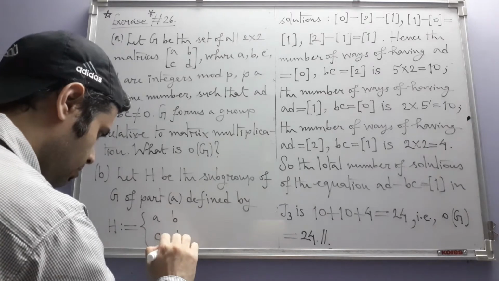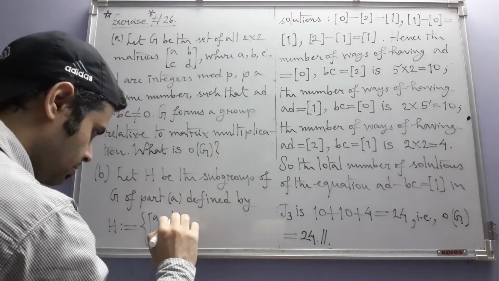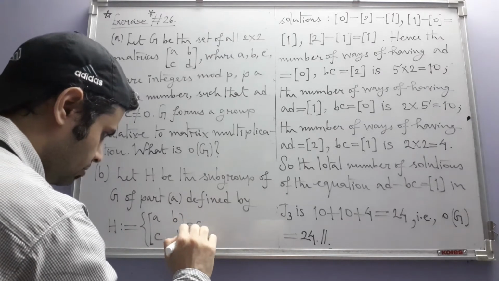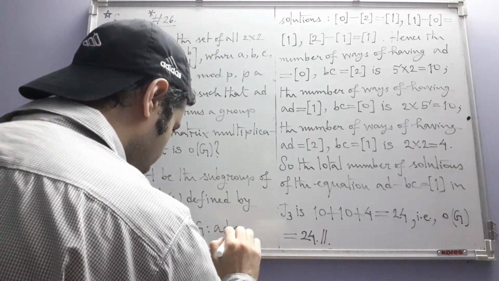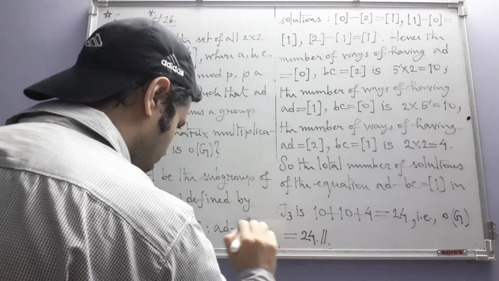It is the set of those matrices in G such that AD minus BC is equal to 1.